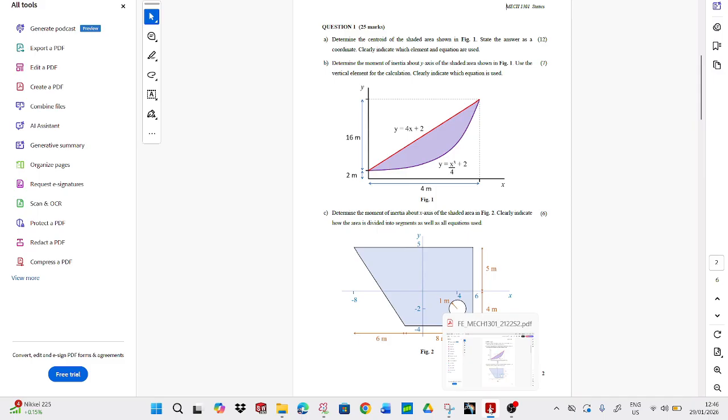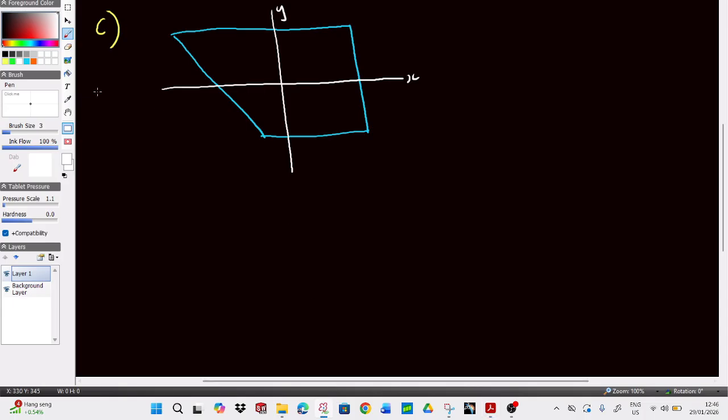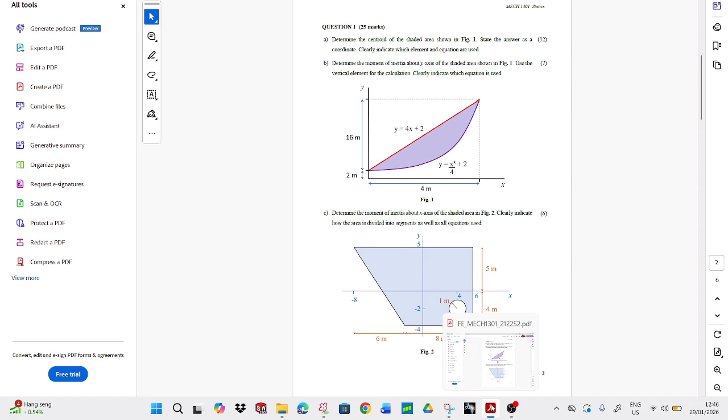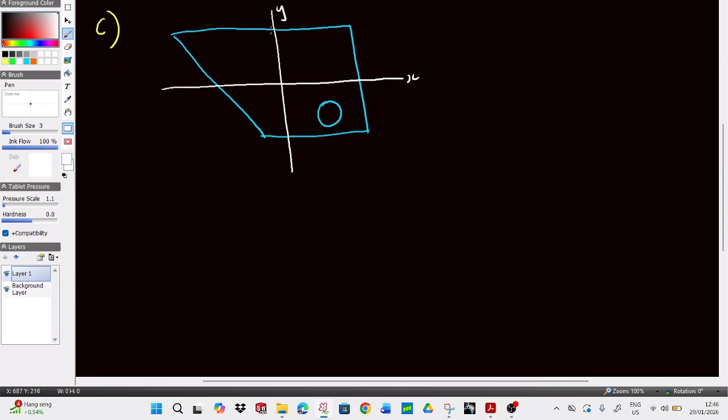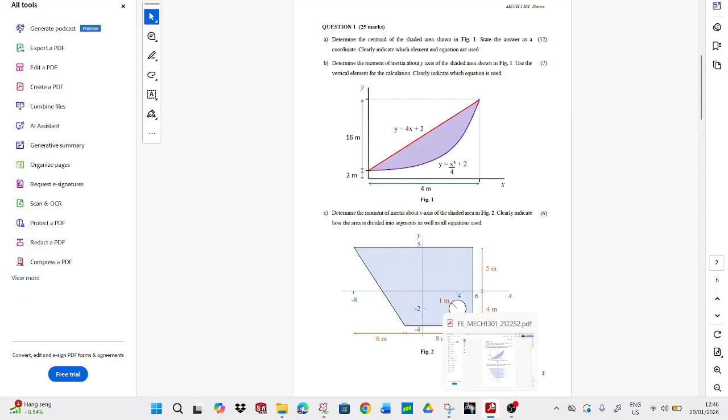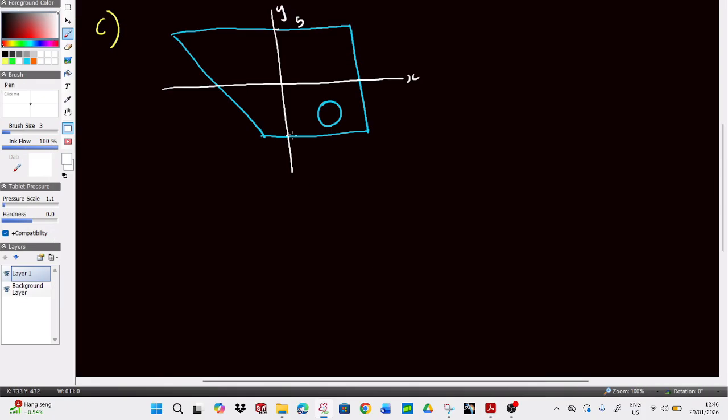Let's see, we also have a circle as well. I have to highlight the fact we have a circle in our drawing, a hole actually. Let's write down the limits. This is 5, minus 4, minus 4, minus 2. So minus 2 will be here, by the way.